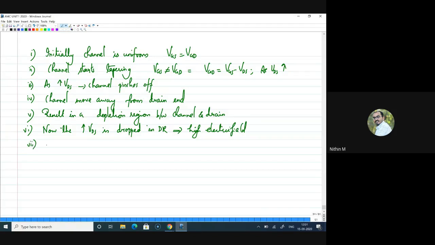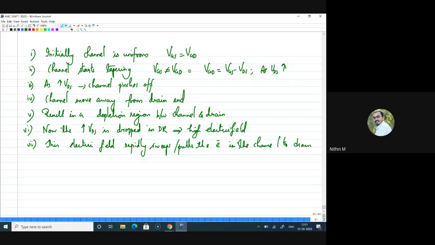Now this electric field rapidly sweeps or pulls the electrons in the channel to the drain terminal. This is what is happening.